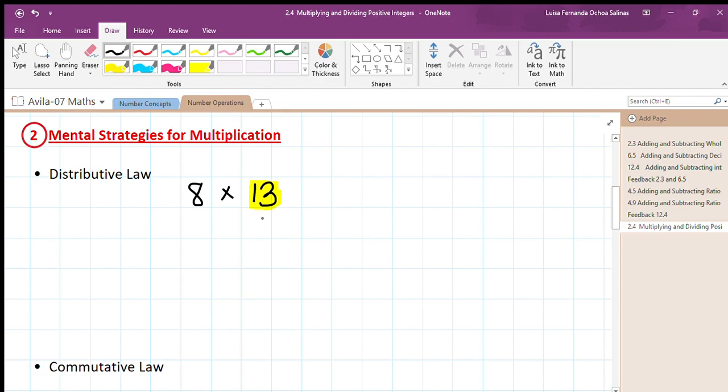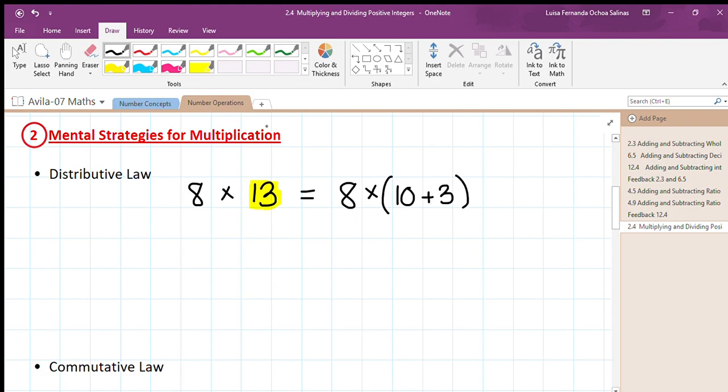So as I said, I'm going to split 13 into 10 plus 3. That means that 8 times 10 is going to be 80, and then I have to add 8 times 3, which is 24. So the answer is going to be 104. Okay, so what I did is I said this is the same as 8 times (10 plus 3).